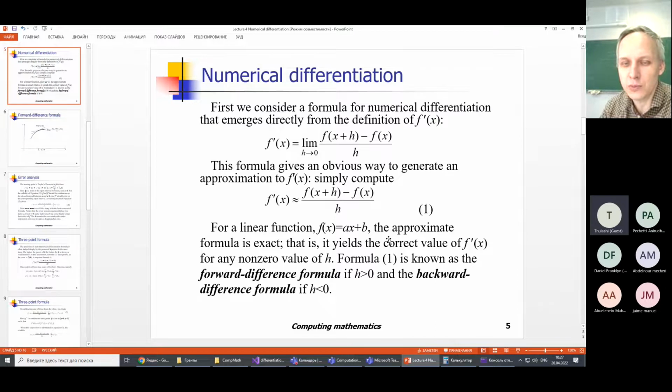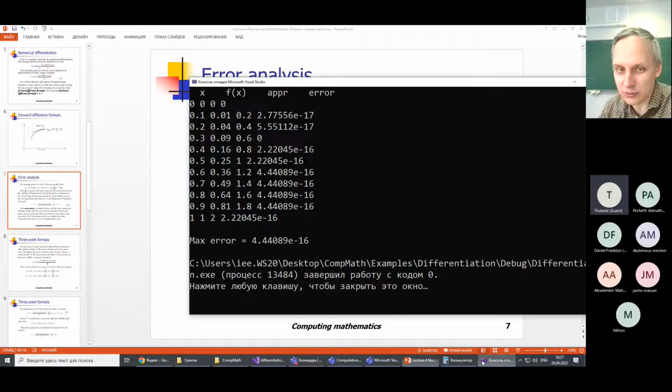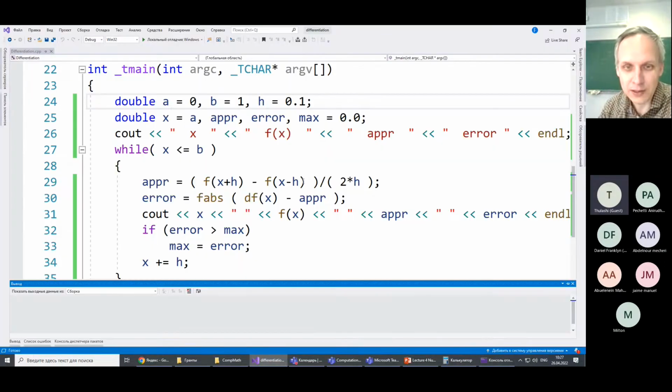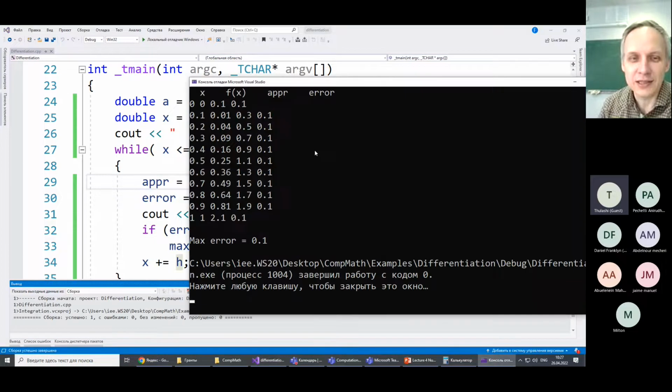If we compare it with the 2-point formula, the error term of the 2-point formula includes the second derivative of a function. Second derivative of x squared is not 0. If I use here the 2-point formula, I'll get a large error. The error equals 0.1.